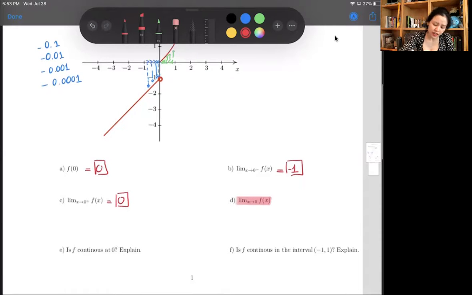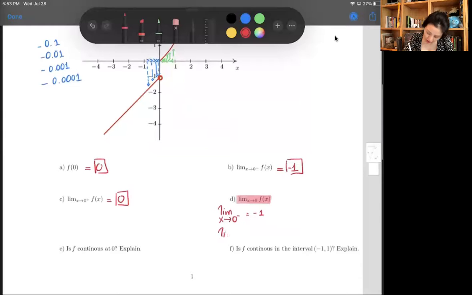As you can see, the limit as x approaches 0 from the left is equal to negative 1, as in part B above. And the limit as x approaches 0 from the right is equal to 0. So the limit from the left and the limit from the right are not equal.